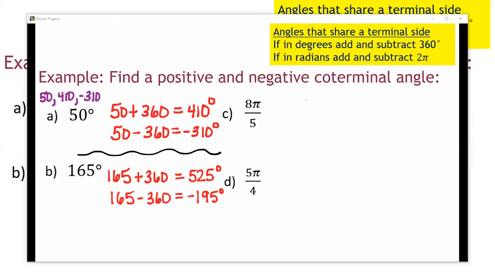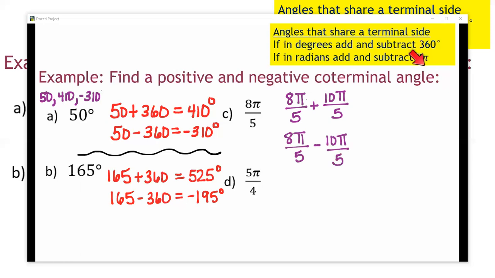And in order to add a number to a fraction, we need to write that whole number with a common denominator. So this 8 pi over 5, I'm going to add 10 pi over 5. And then I'm also going to subtract 10 pi over 5.